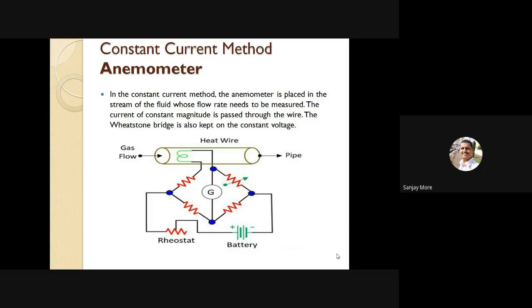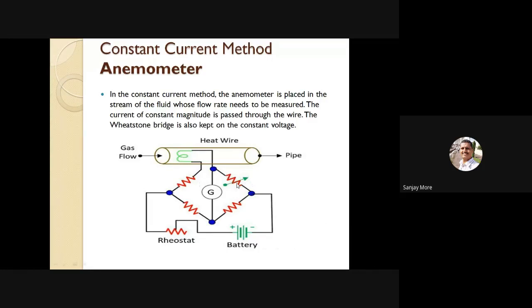See the construction of the constant current method. The name is constant current, meaning the flow of current is constant. The resistance of the Wheatstone bridge is constant, so the voltage is also constant, and the current flow in this method is also constant. Okay, see the construction.